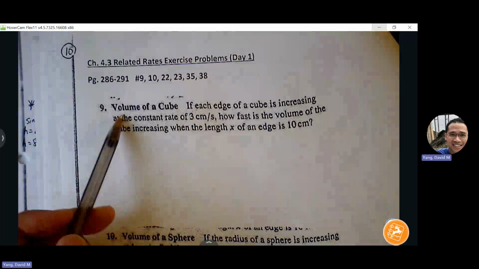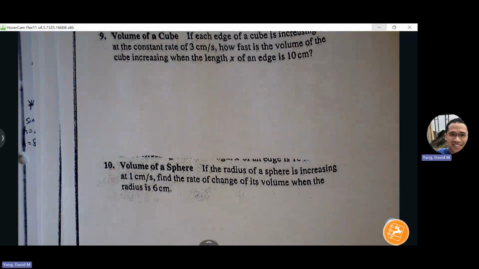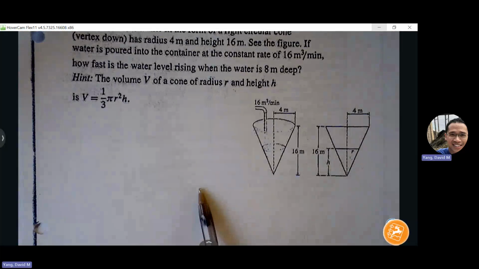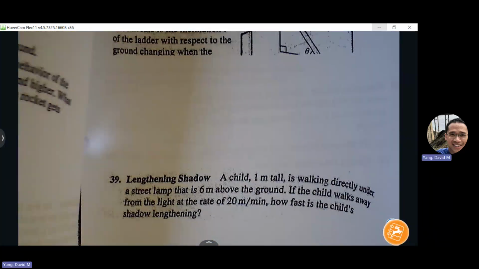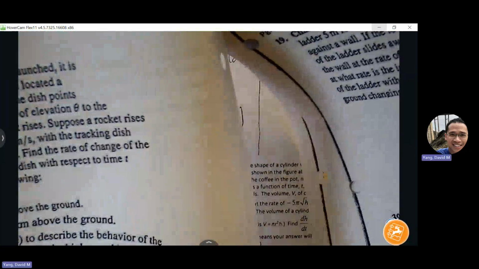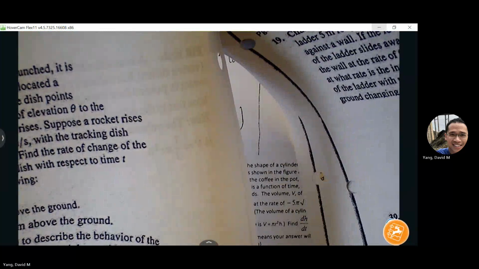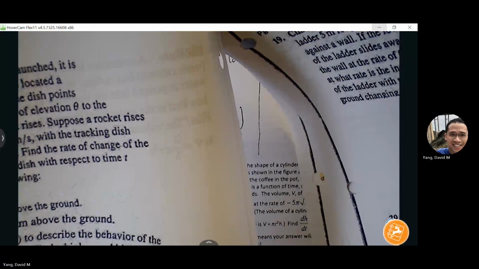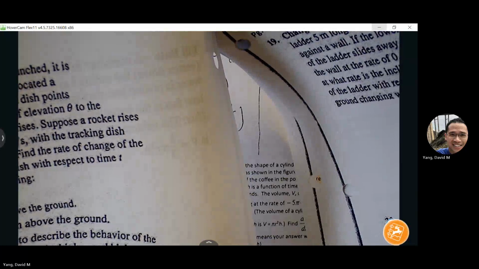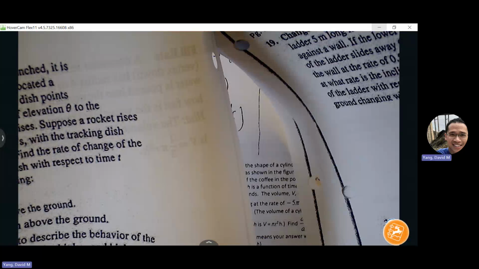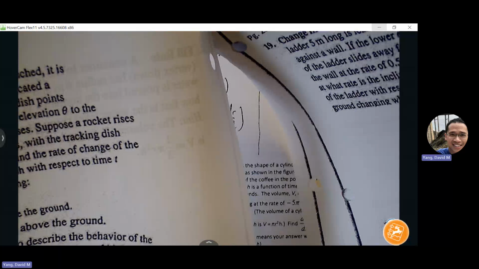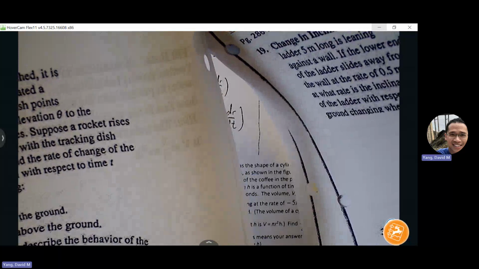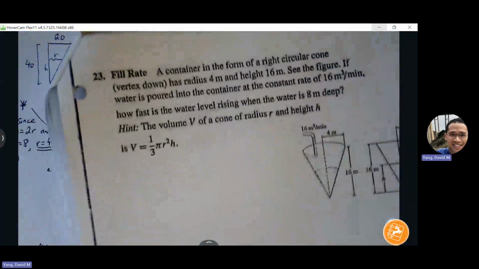So we can either do volume of a cube, volume of a sphere, or we can do another cone problem, or a ladder problem. You know how to do 38. That's like the ladder problem, yes, for the first part, but when we get to C, I haven't talked about theta, so I think 38 was not supposed to be given to you. It's all right.